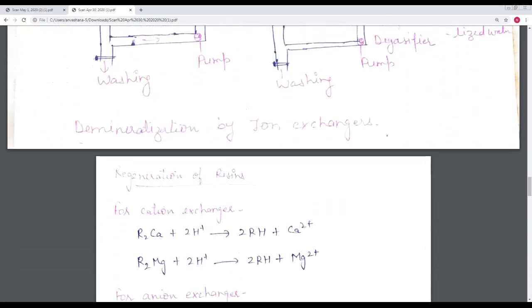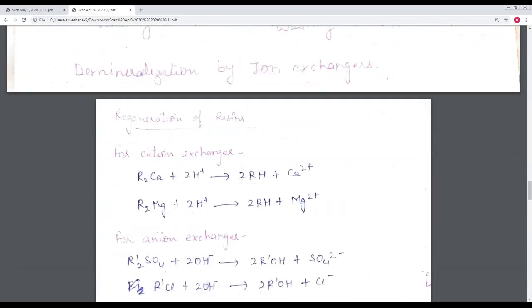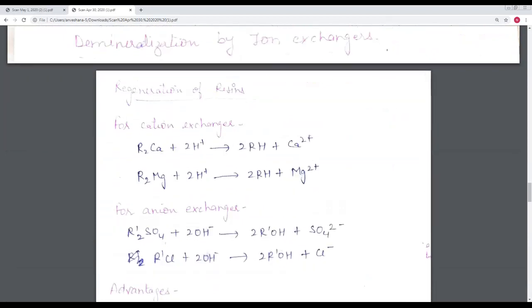And what will we do when the cation and the anion exchangers are exhausted? For the regeneration of the resin, first of all, for the cation exchanger, we use acid, and the reaction is R2Ca plus 2H positive. This H comes from the acid.